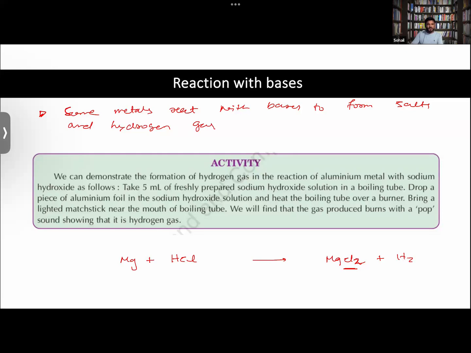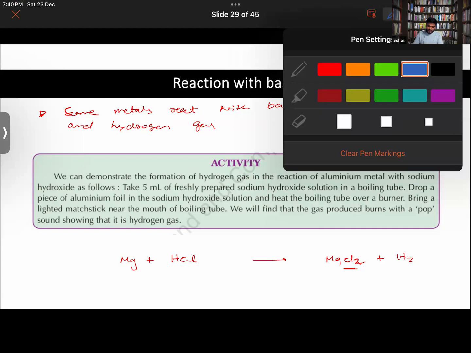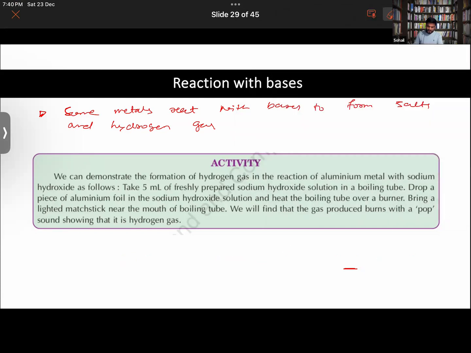Now there are some metals that will even react with bases to form salt and hydrogen. So that is the common thing between the two. In both the cases, salt is being formed, whether the reaction is with the acid or with a base. Okay. So in this activity we had the example of aluminium. Let me erase this thing to avoid confusion.